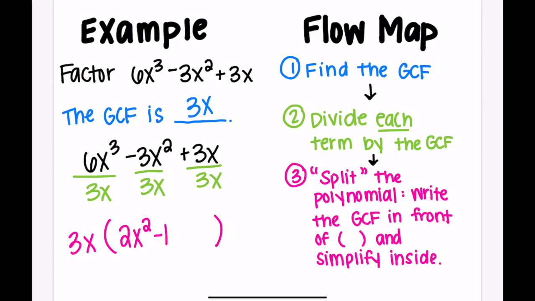And x squared divided by x, we're going to take away one of those exponents. So that would be x to the first power. And finally, 3 divided by 3 is 1. And x divided by x is 1 as well. So our final answer here is 3x times 2x squared minus 1x plus 1.